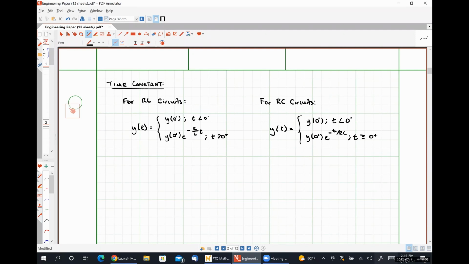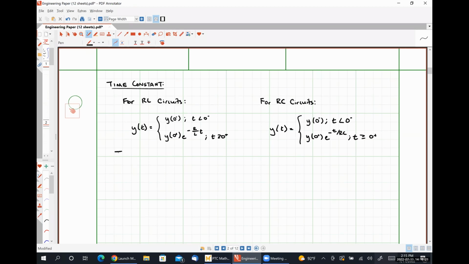Okay, so electrical engineers don't really care whether we have an RL circuit or an RC circuit. We care more about that rate of decay, and we gave it a special name, called a time constant.